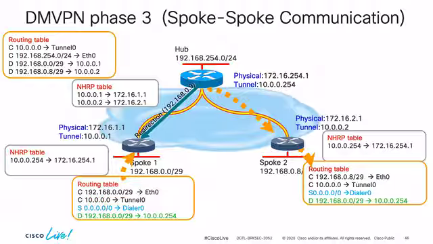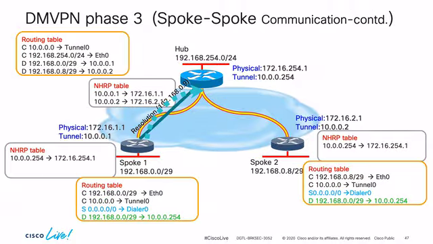And once spoke 2 gets the packet from the hub, it's going to update its routing table basically with the information that it has got from the hub. And spoke 1 will send out a resolution packet to the hub, which it's going to forward to spoke 2.